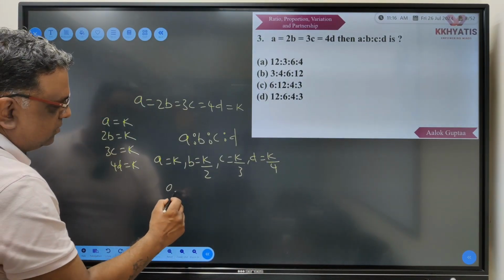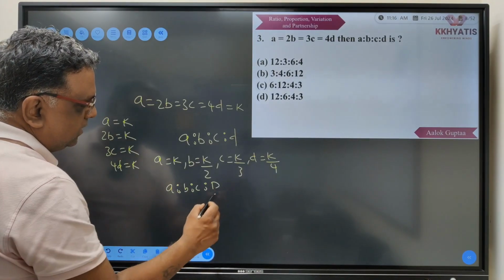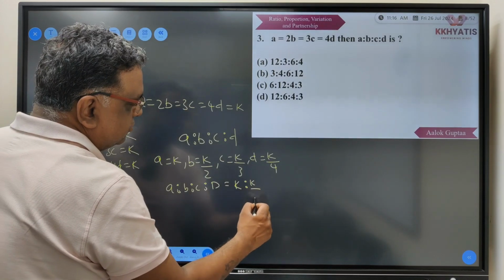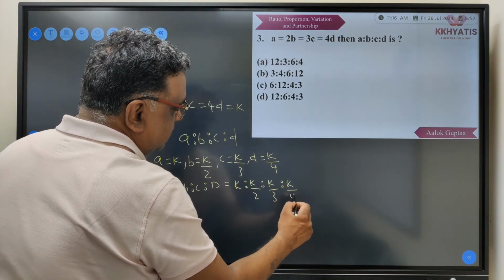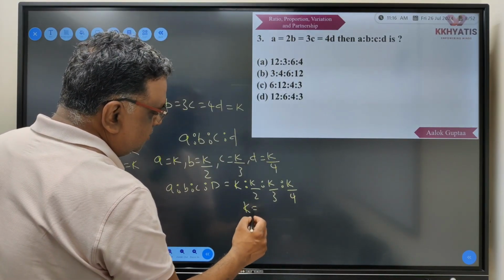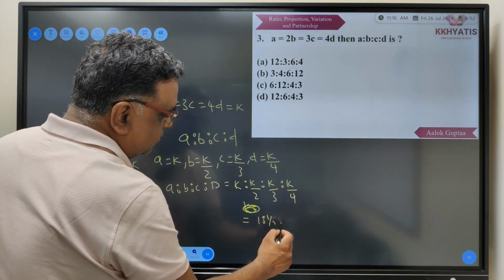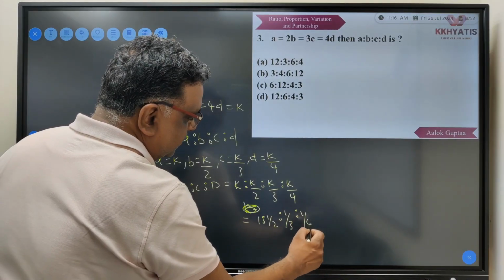So now if I take the ratio of A is to B is to C is to D, it will become K is to K by 2 is to K by 3 is to K by 4. So I can cancel all the K common. So the ratio will become 1 is to 1 by 2 is to 1 by 3 is to 1 by 4.